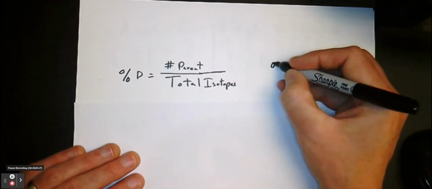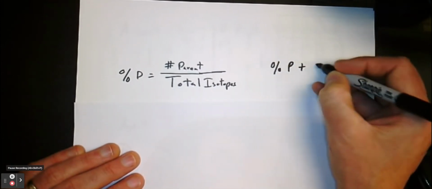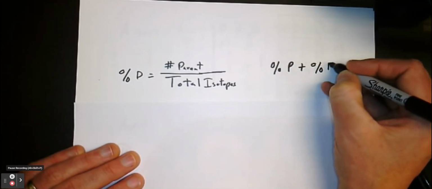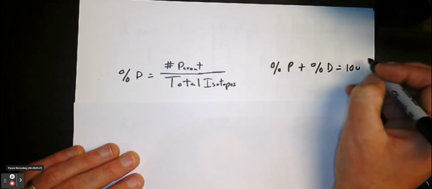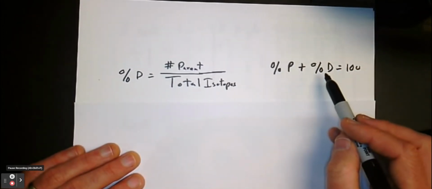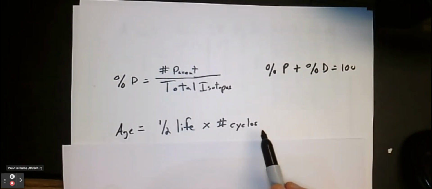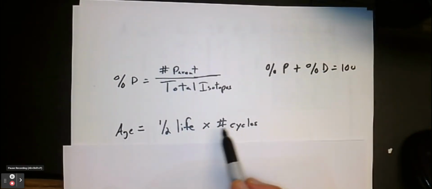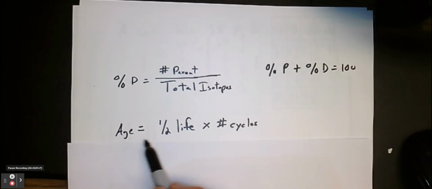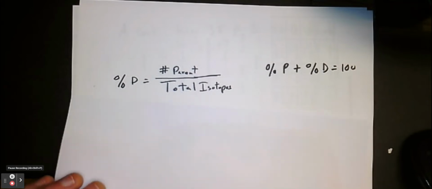Percent parent plus percent daughter should be equal to 100, provided that you don't have subsequent decay happening. And the other is that the age of your sample is the half-life times the number of cycles.